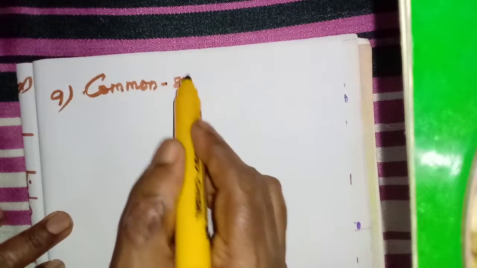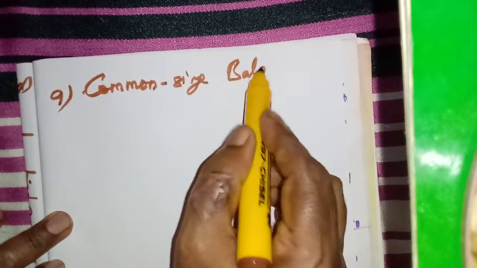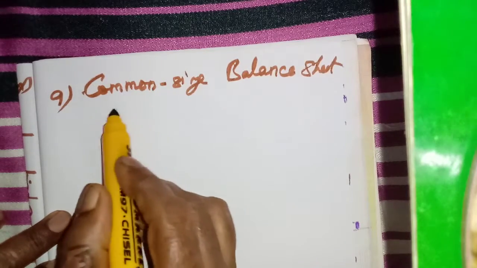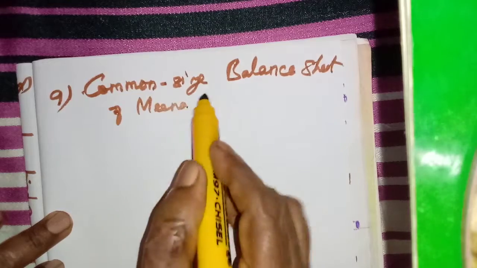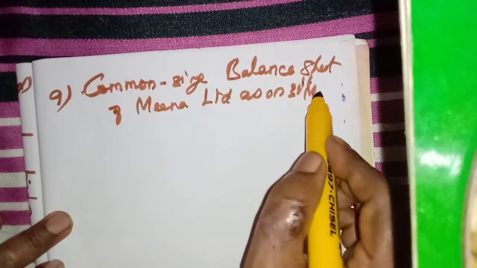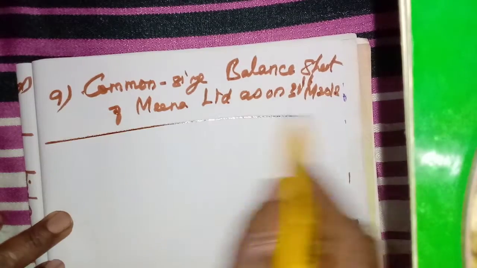Okay, now we will do one balance sheet. Okay, there we have to compare, we will do the ninth one. Okay, common size balance sheet. Meena Limited as on 31st March 2018.